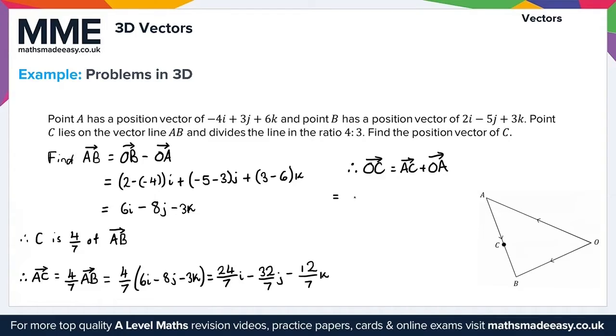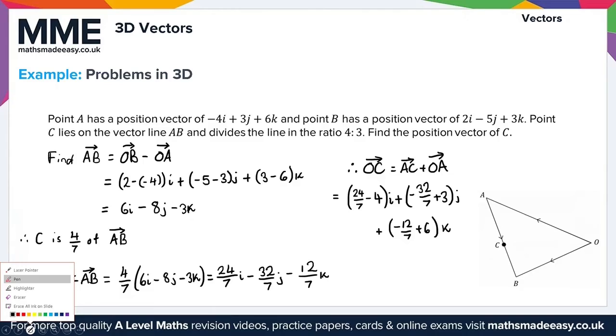If we do this addition, splitting it into the i component, the j component, and the k component, we get 24/7 minus 4 for the i component, plus minus 32/7 plus 3 for the j component, and then for the k component, minus 12/7 plus 6. All we've got to do now is simplify each bracket individually.